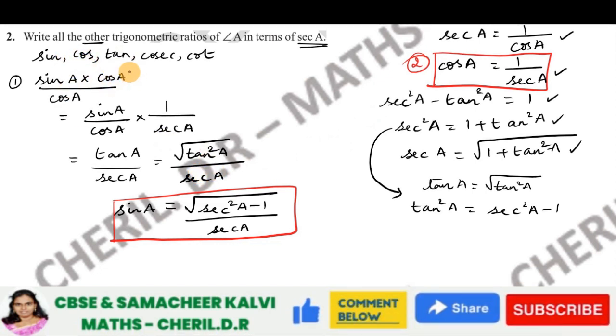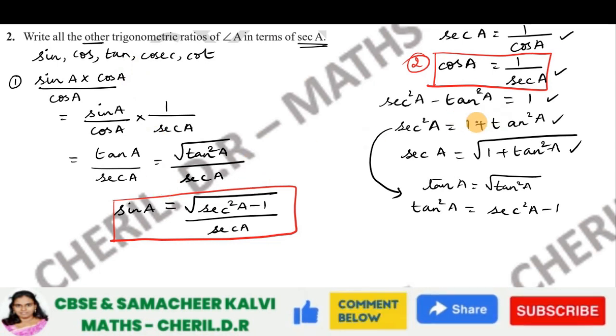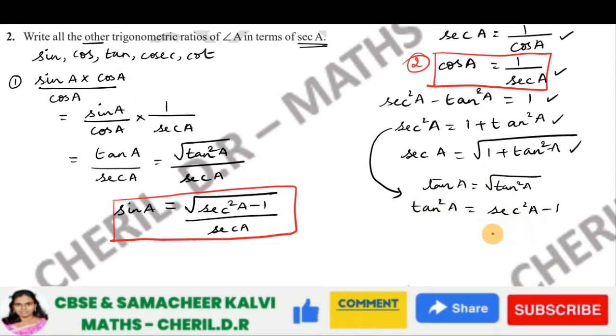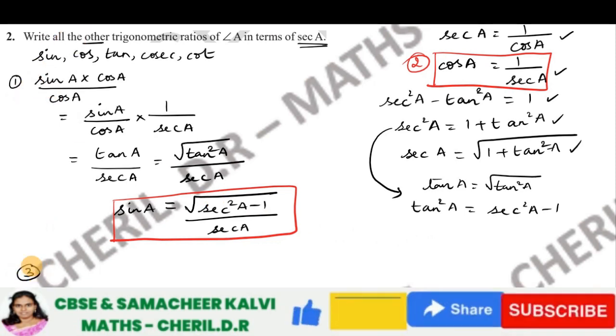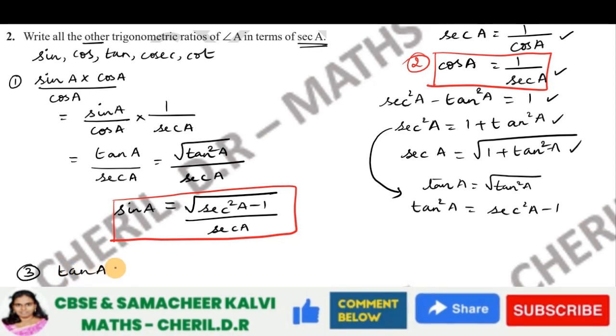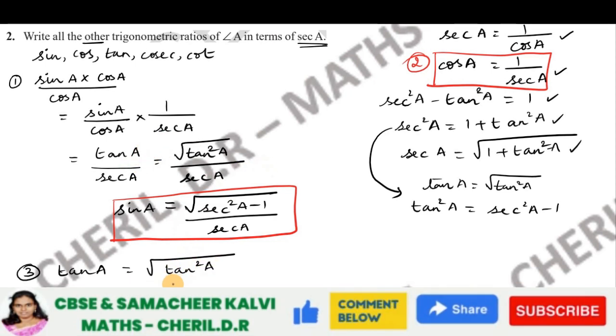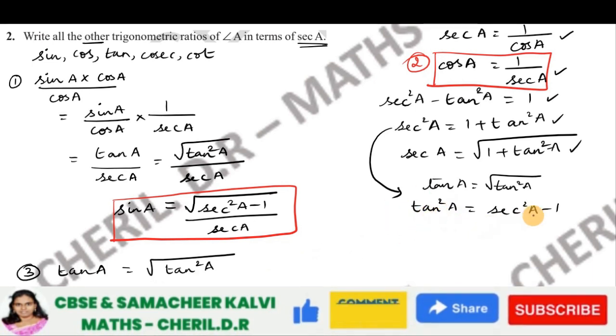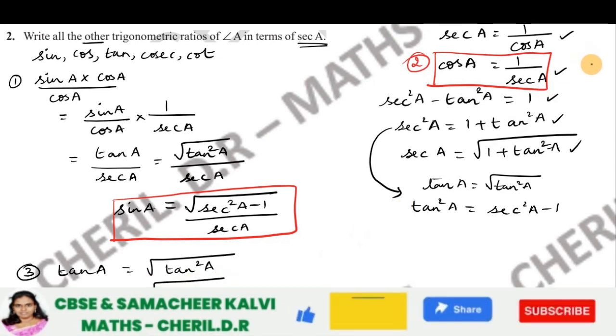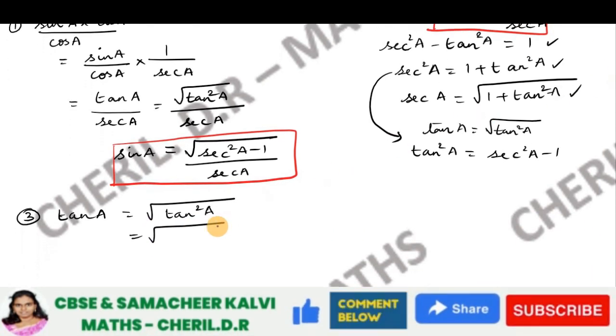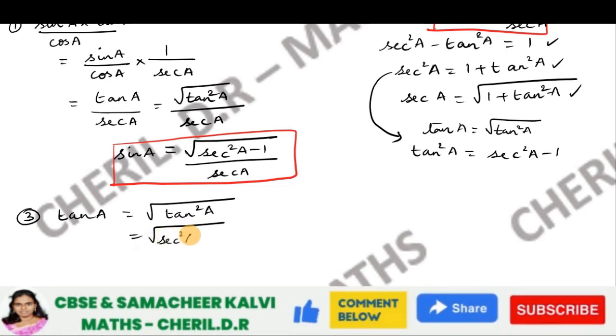Next one is tan A. I can write it as square root of tan square A. Tan square A is secant square A minus 1, so the square root will be square root of secant square A minus 1.